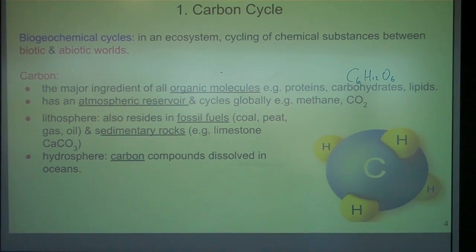Yes? Peat is like before coal. So a peat bog is a combination of water and a lot of plant debris. It looks black, and in the UK, you can find these amazing pictures.